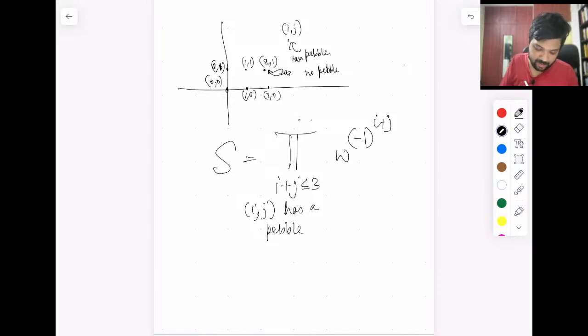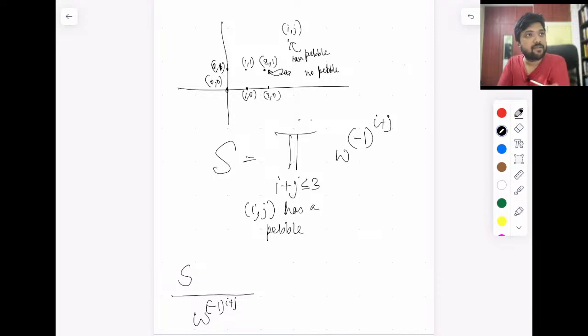You start with S. Now let's run the thing which we didn't do earlier. Omega power minus 1 power I plus j, that is the ijth entry, you divide by it if you remove a pebble. Then you place the two pebbles at I comma j plus 1, which will give you I plus j plus 1, and at I plus 1 comma j, which will also give you the same thing. So it's square.